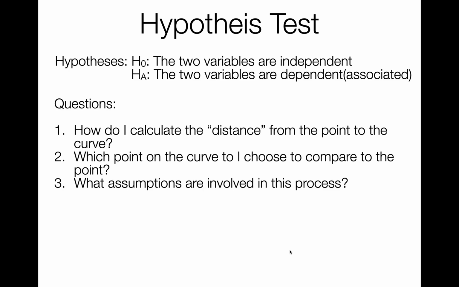All right. And so the questions that I have to come up with are the questions that I pondered in the last slide. How do I calculate the distance from the point to the curve? Which point on the curve do I actually choose to compare to that point? And then what assumptions are involved in this process? Okay, so let's tackle that first question. How do I calculate the distance from the point to the curve?